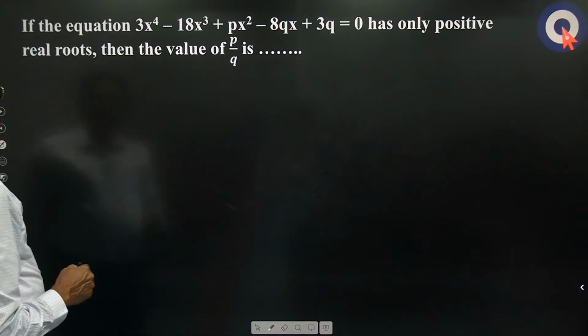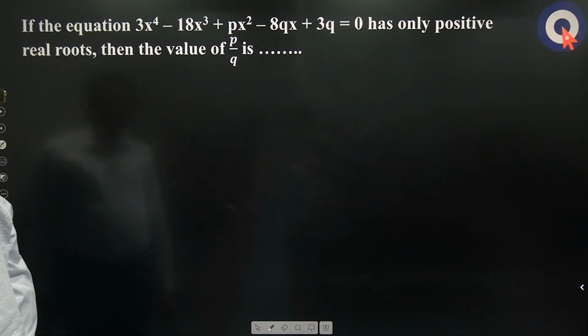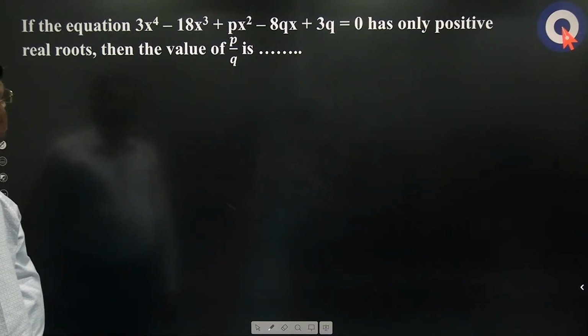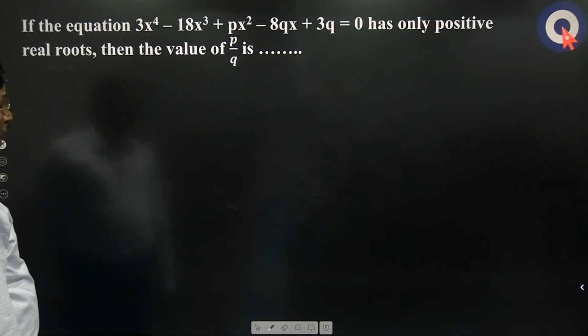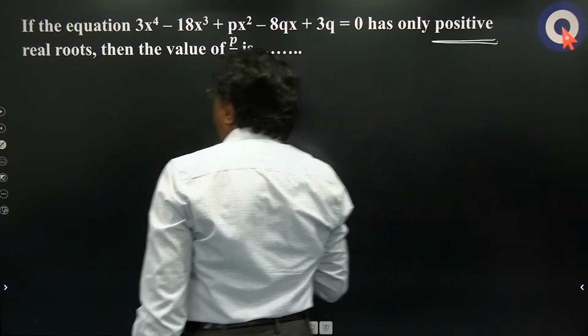What is this? If the equation 3x power 4 minus 18x cube plus px square minus 8qx plus 3q is equal to 0 has only positive real roots, then the value of p by q. Again, only positive real roots. All right.